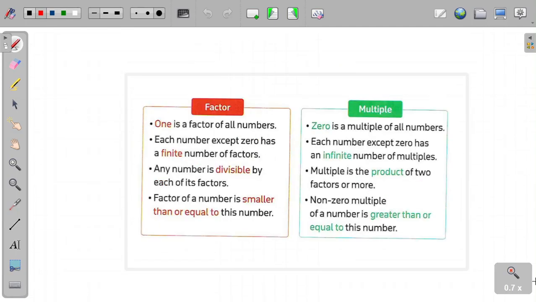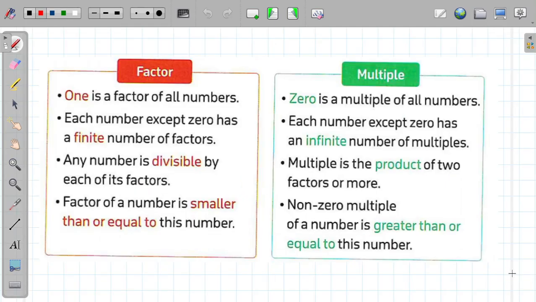Next, I want to define the difference between factors and multiples in general. If I talk about factors, I will say that 1 is a factor for all numbers, okay? And each number except 0 has a finite number of factors.